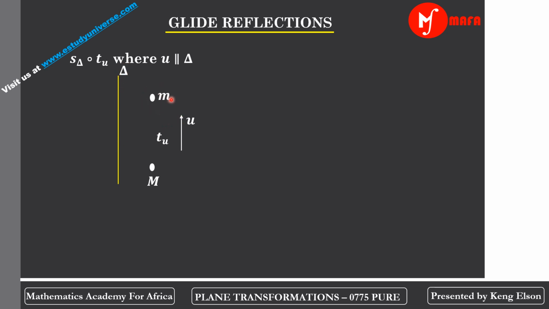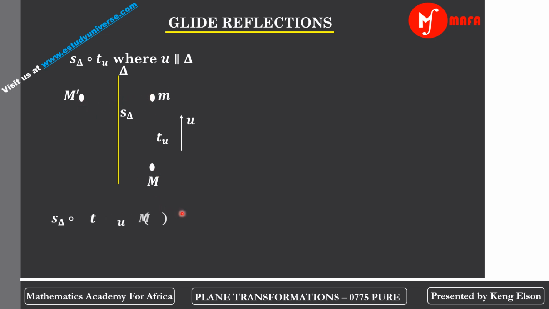I reflect the point small m to get a point m prime about this axis. The main thing is that your axis of symmetry must be in the same direction as the translation vector of the translation. When this happens, the transformation involved is called a glide reflection. So we glide and we reflect, we glide and we reflect.